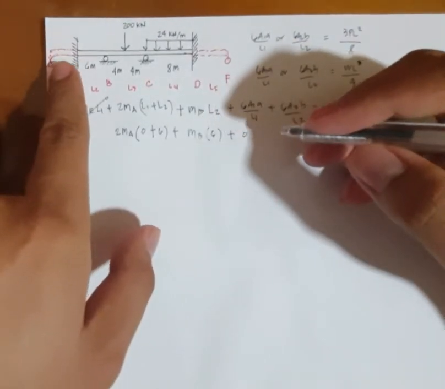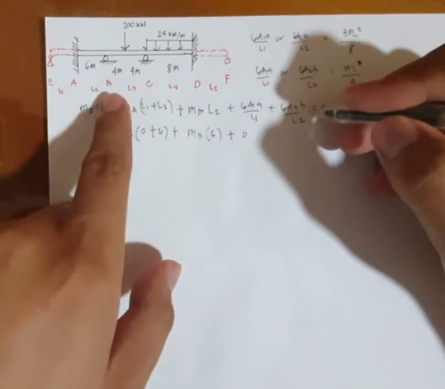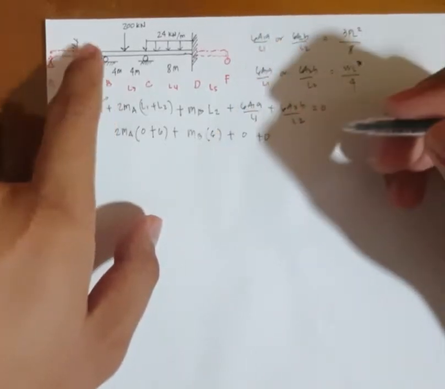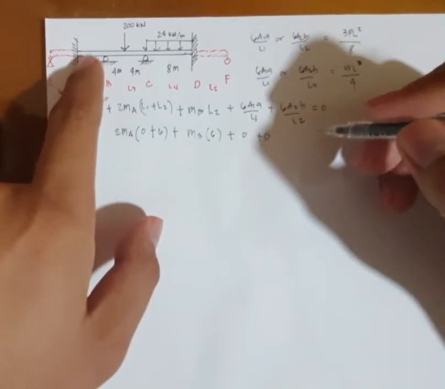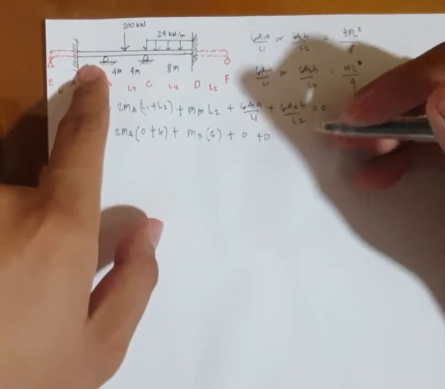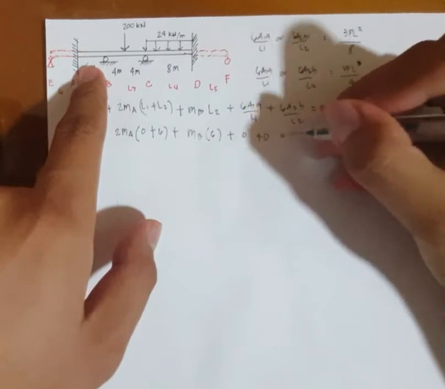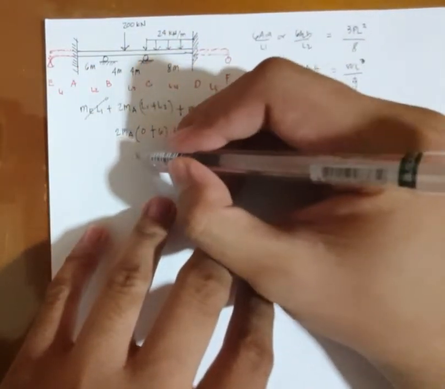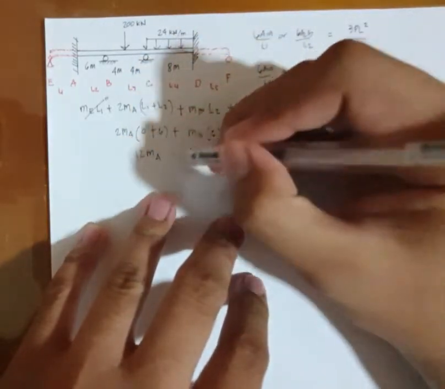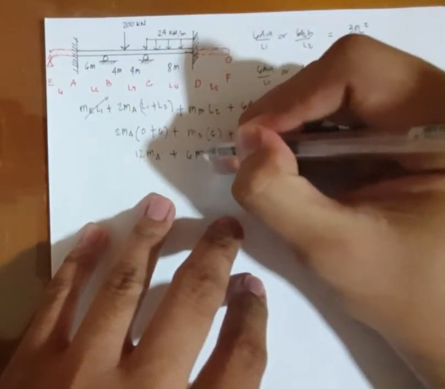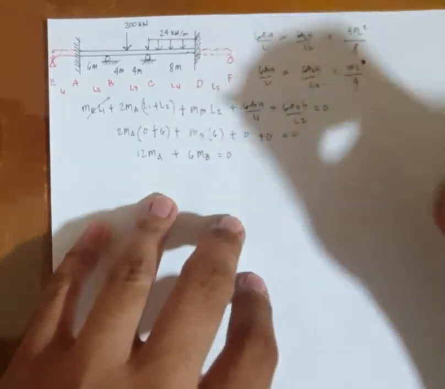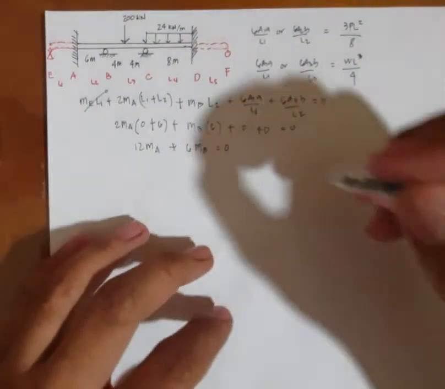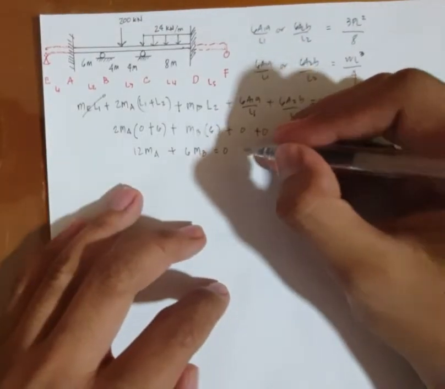There is no imaginary load. 6A2B over L2 for this span is still 0. There is no load, so there is no area. So 2MA times 6, that is 12MA, plus 6MB. That is equation 1.